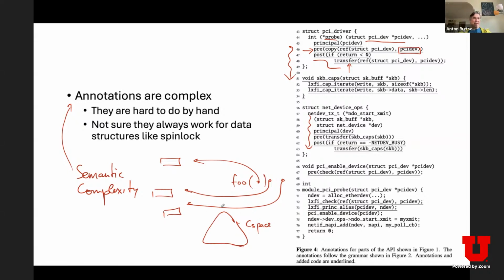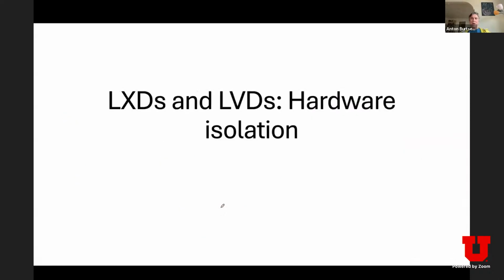So the question is, is it possible to build a better system which improves performance and also addresses this semantic complexity of decomposition? And this is exactly what we're going to talk about now.